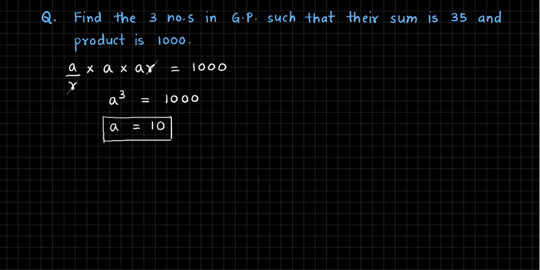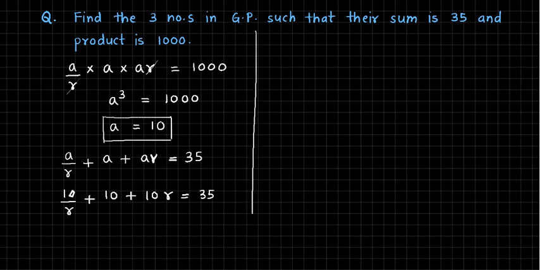Now let us use the other condition, which is related with their sum to be 35. So therefore, adding those numbers, we have A by R plus A plus AR equal to 35. Now A is 10, which we have just found. So substituting that, we get 10 upon R plus 10 plus 10R is equal to 35.